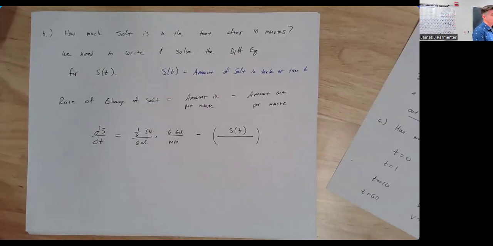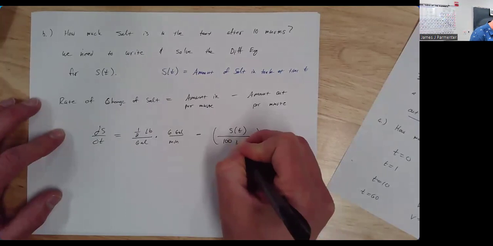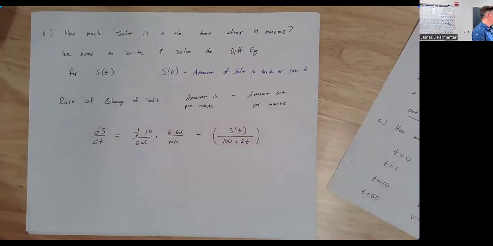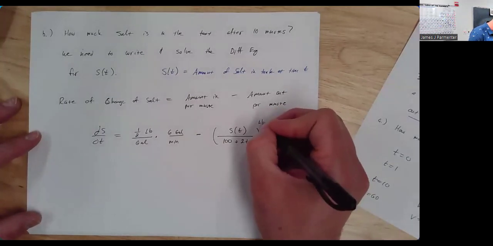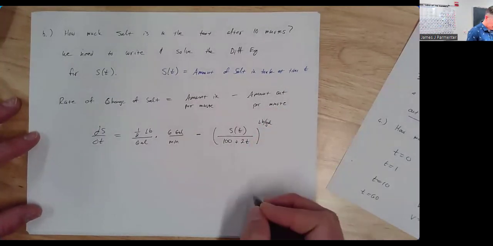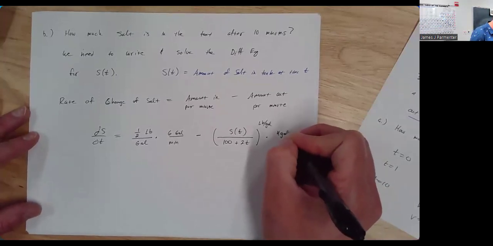And in this case, the volume of the tank is not constant. We just did it in the previous problem, right? The volume of the tank is 100 plus 2t. So there's your concentration out, and that also is in pounds per gallon. And then the rate that it's going out is 4 gallons per minute.